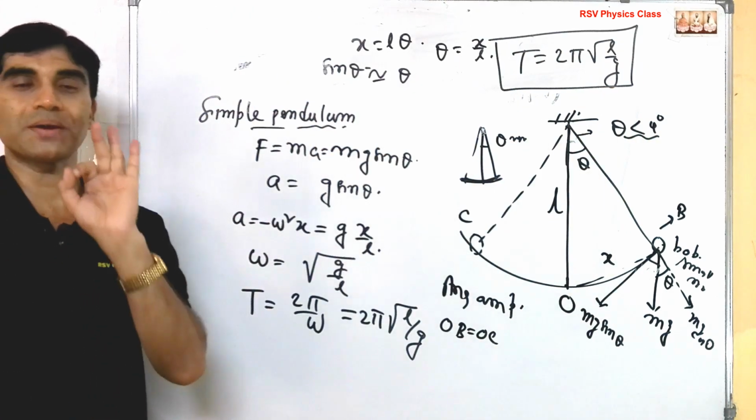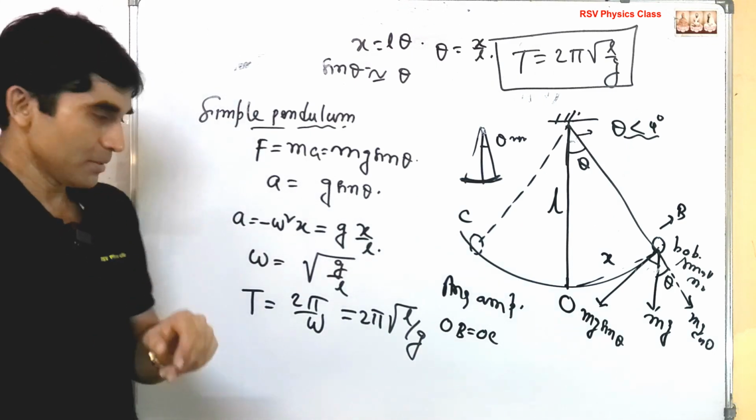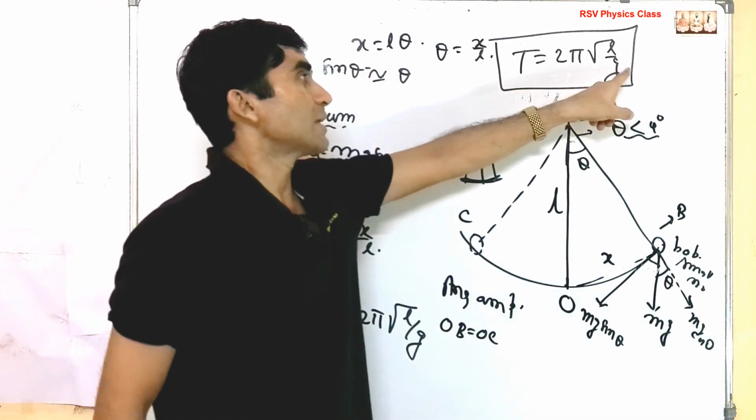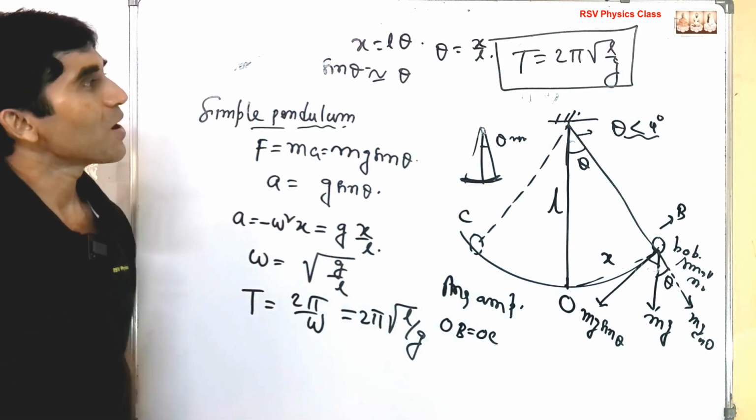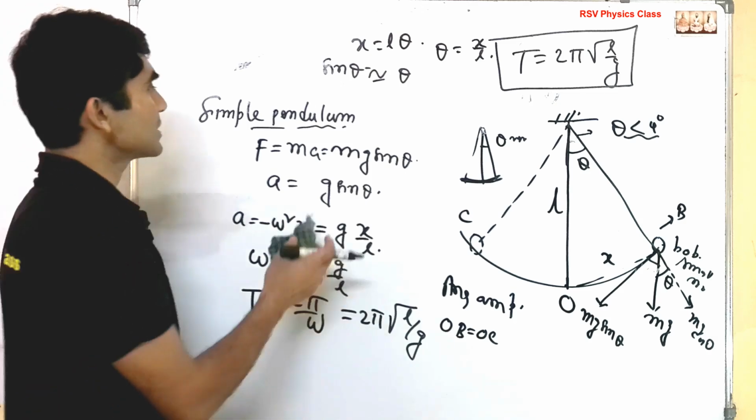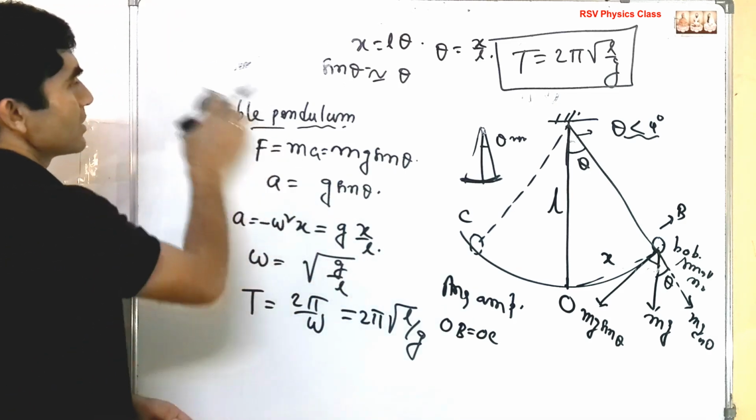From this equation you have a practical in class 11 to determine the acceleration due to gravity. How will you calculate it? How will you calculate acceleration due to gravity from here? From here you get T square equal to 4 pi square L over g.